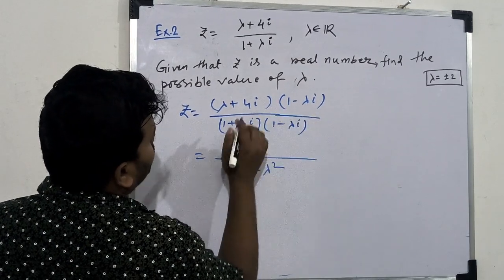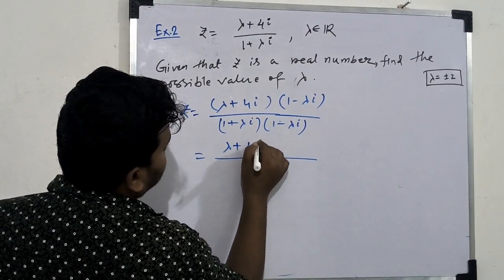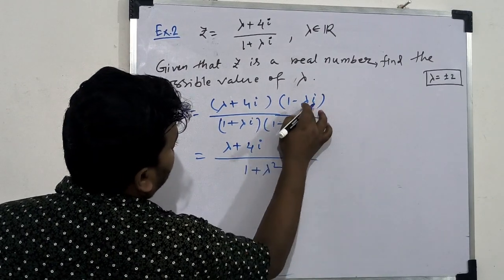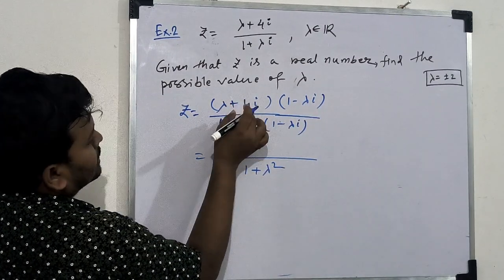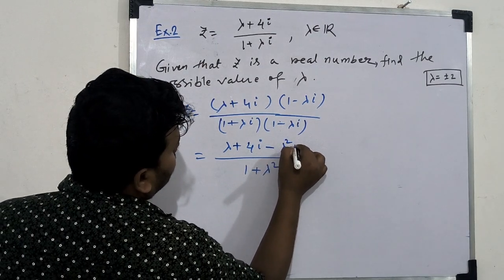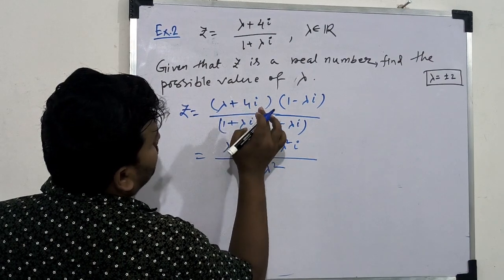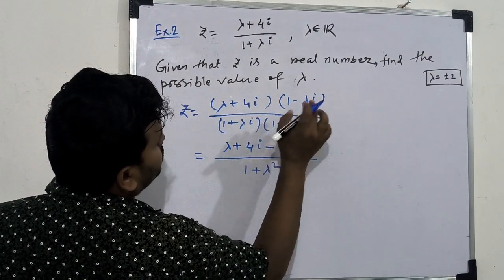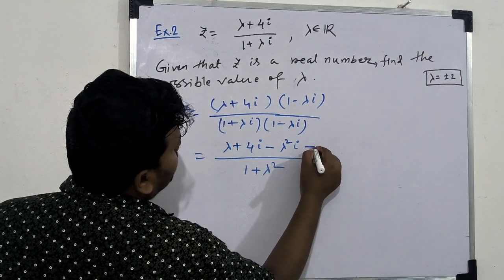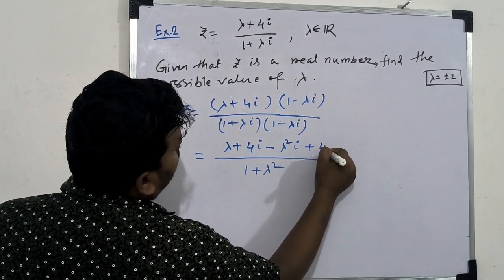And in the numerator, if we multiply by 1, we get lambda plus 4i. And if we multiply by minus lambda i, we get minus lambda square i, and minus 4 lambda i square, so i square equal to minus 1, so we get plus 4 lambda.